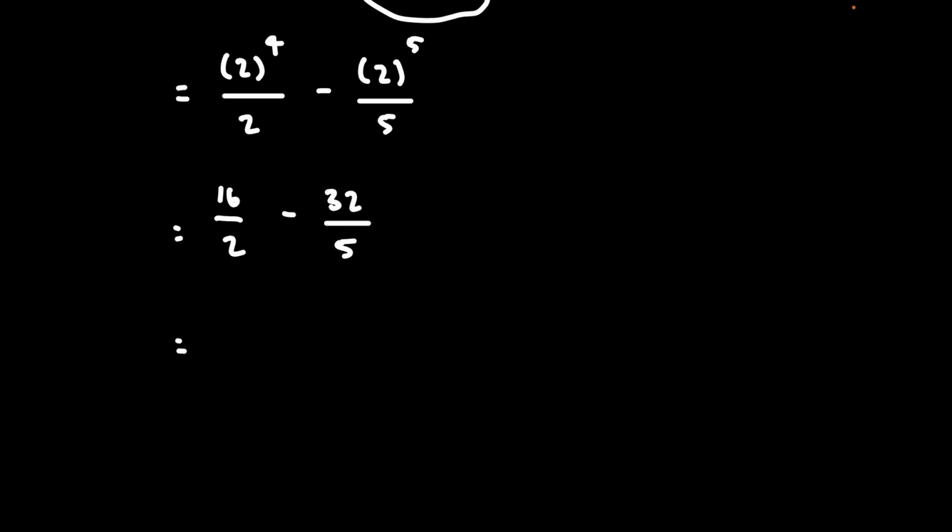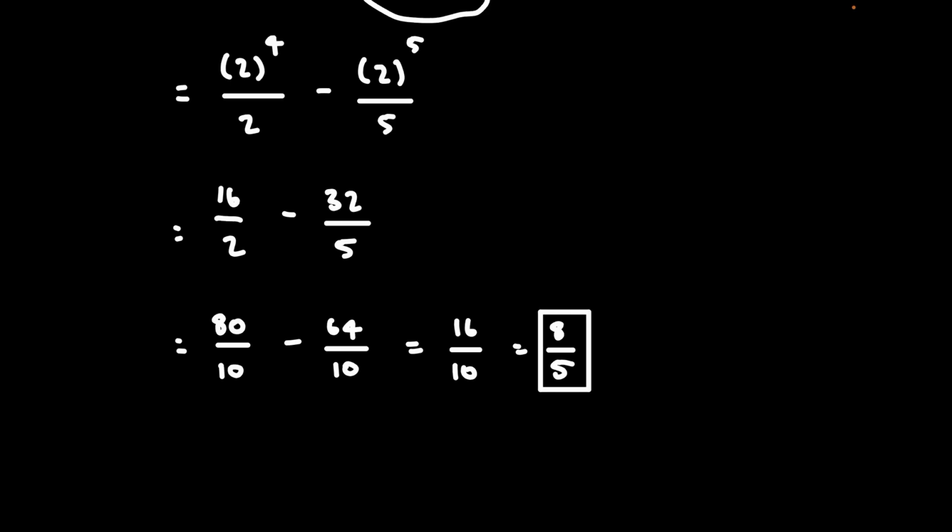So I'll be left with 16 times 5, which is 80 divided by 10, minus 32 times 2 is 64 divided by 10. That equals 16 divided by 10, which simplifies to 8 on 5. That is our final answer of this recording.